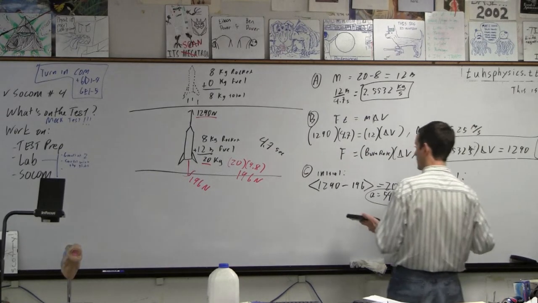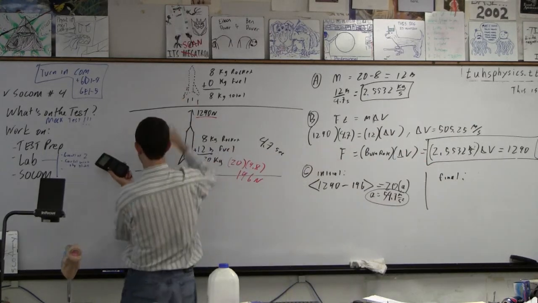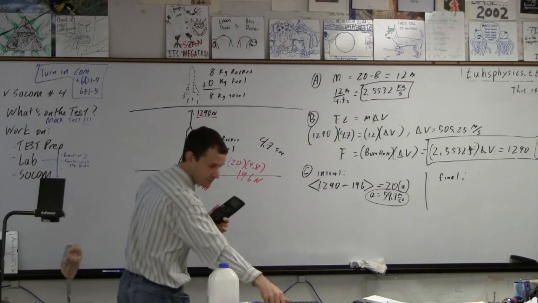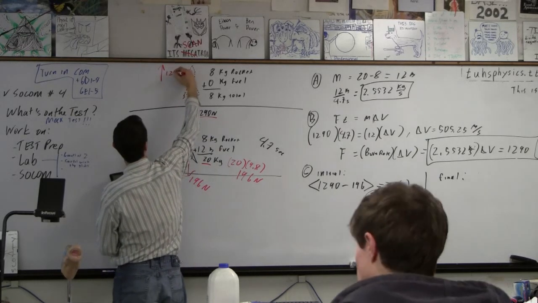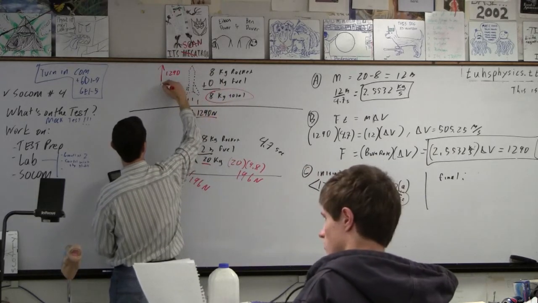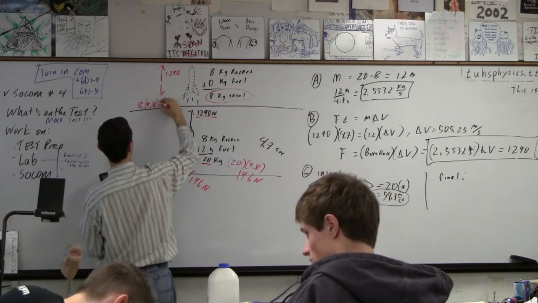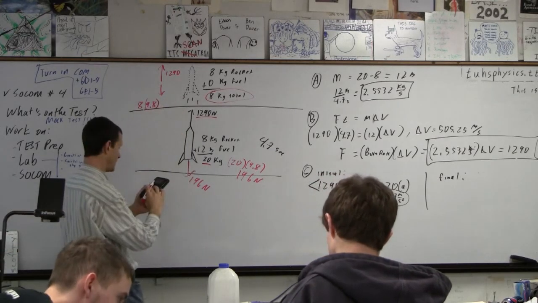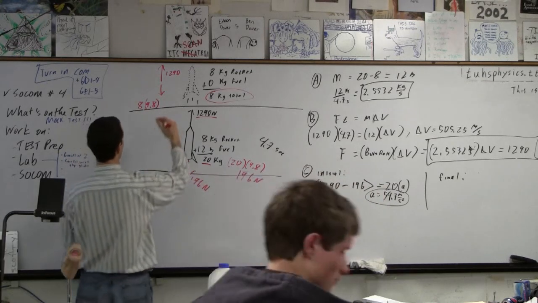At the end, okay, it's still 1290 of thrust, right? On this rocket, there's still 1290 up. But now the force down is just the weight of 8 kilograms, right? So 8 times 9.8, right, is what? 78.4.